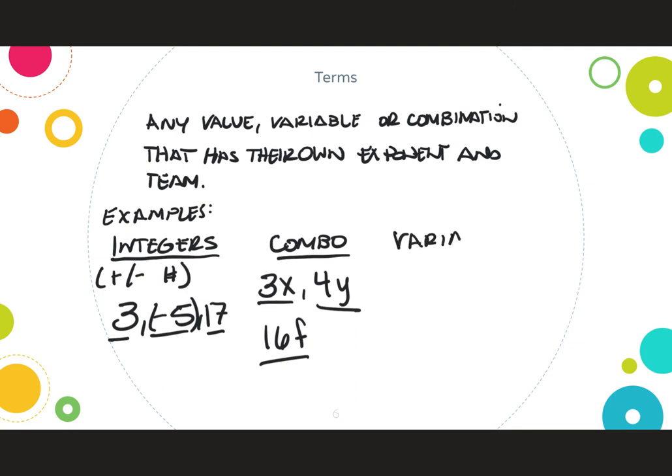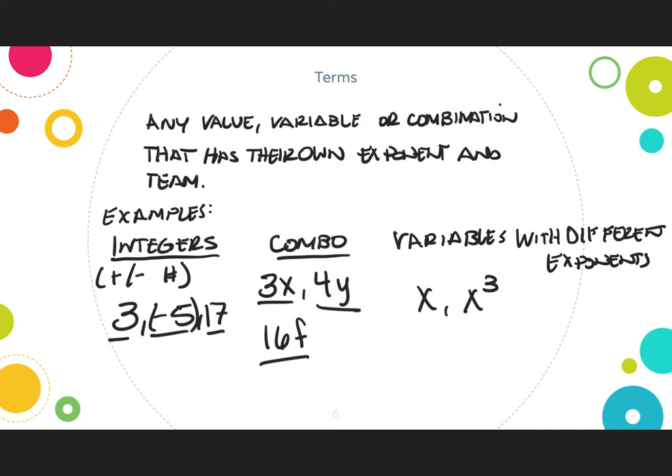Variables with different exponents. So like x and x to the third, those are different terms.